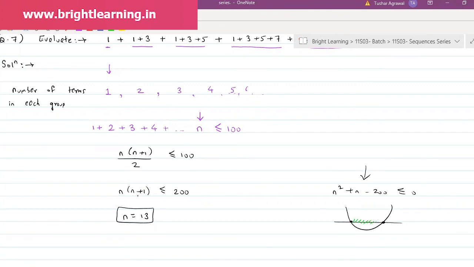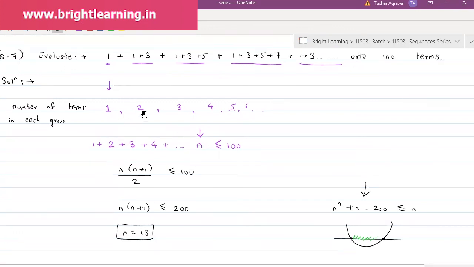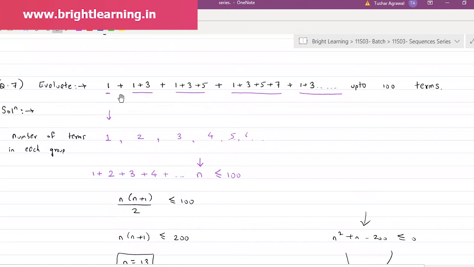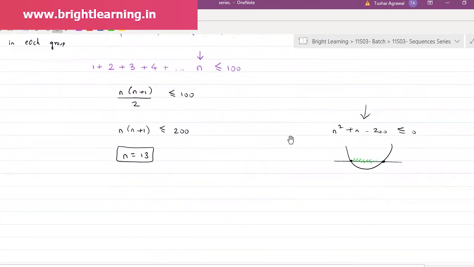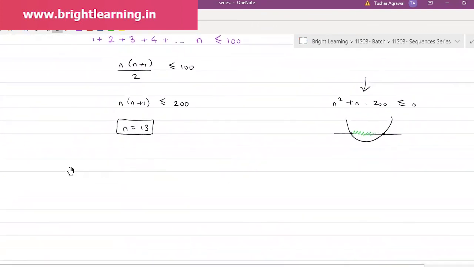So if n is equal to 13, 13 groups will be formed completely, and in the 14th group only some terms will be left. So 1, 2, 3, 4, up to 13 is the number of terms from each group.